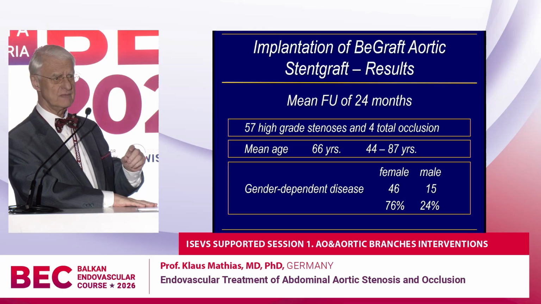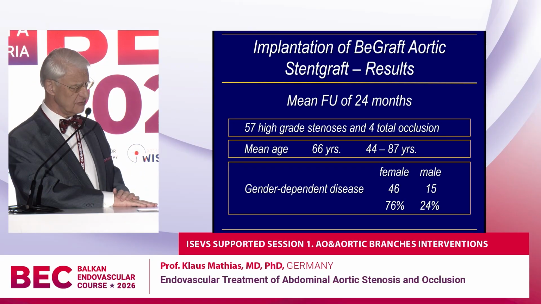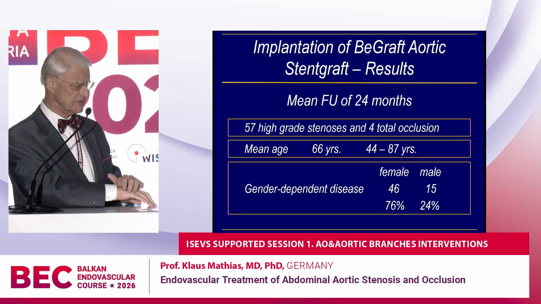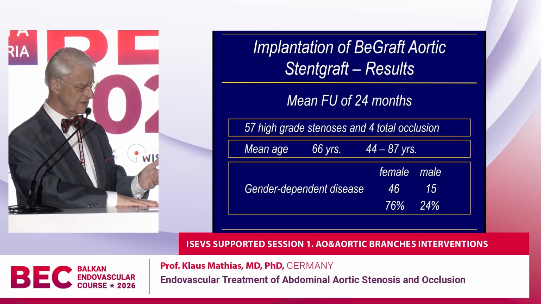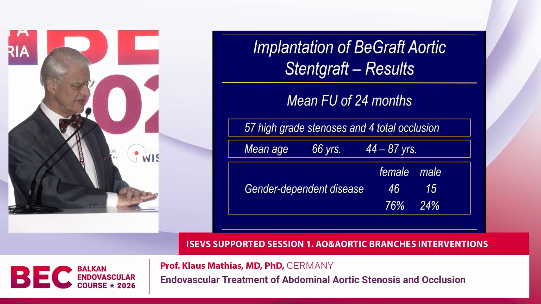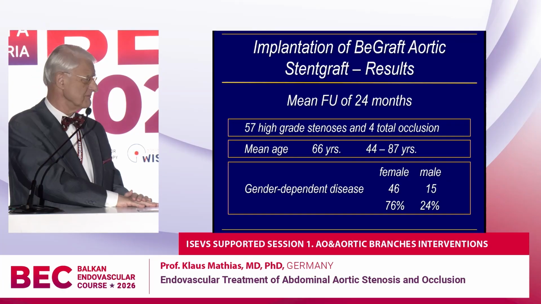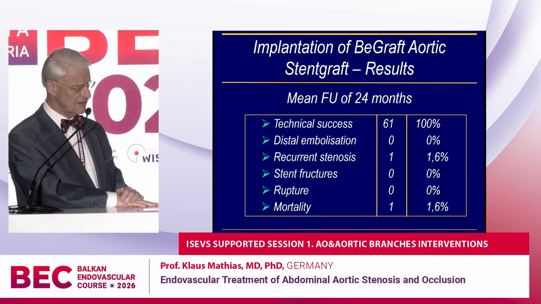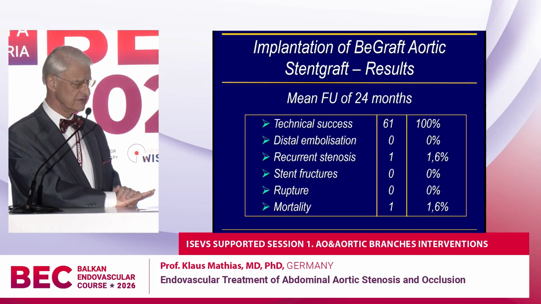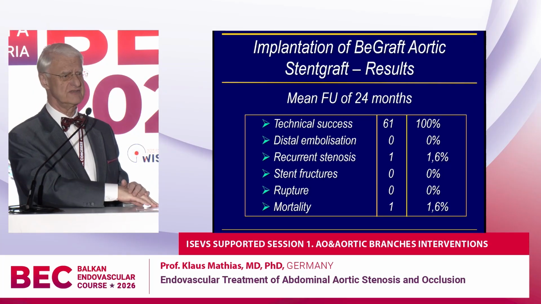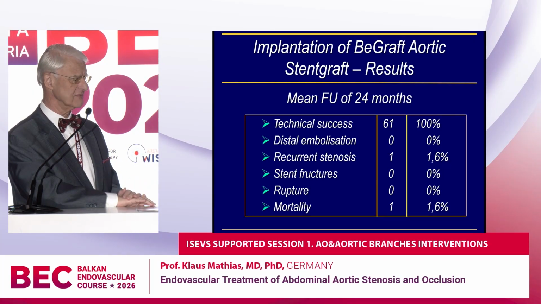Next. So to come to the results, we had a follow-up of several years, but on the mean 2 years. And as you see, 46 women and only 15 men. So there is a gender-dependent factor there. And you do not have to be very old. It can also start in ladies in their 40s.